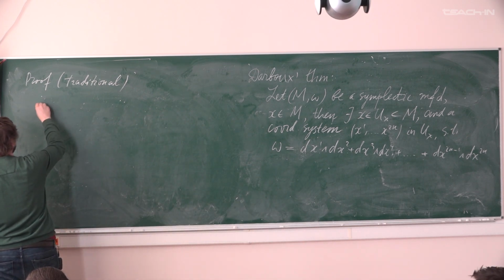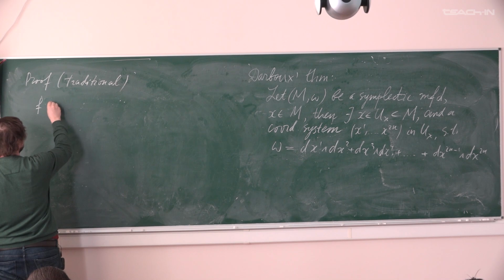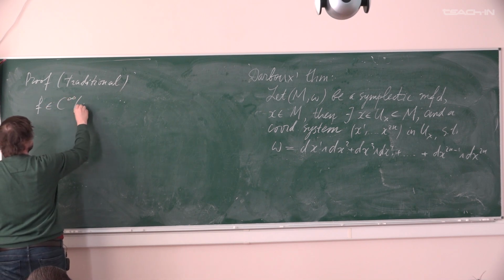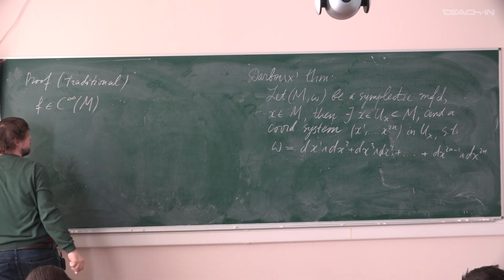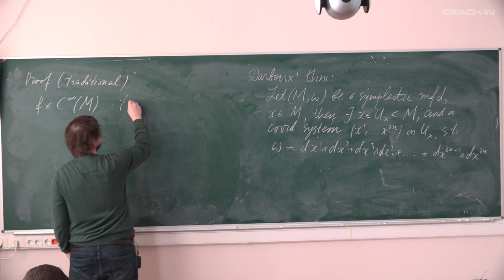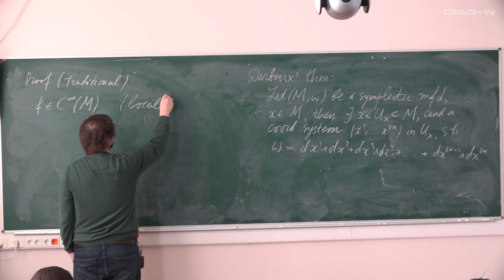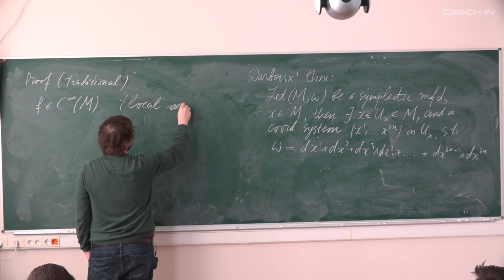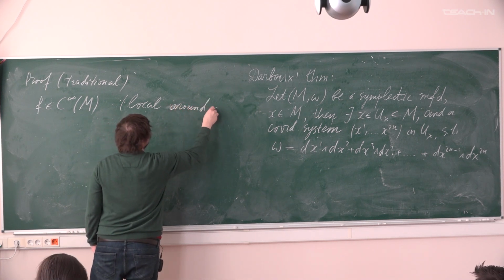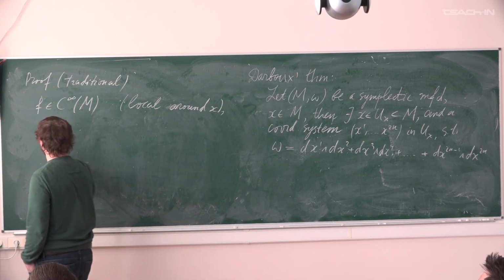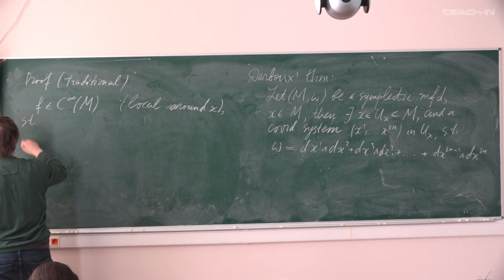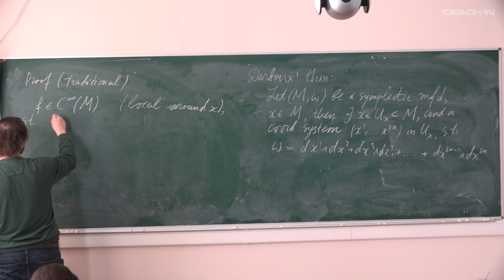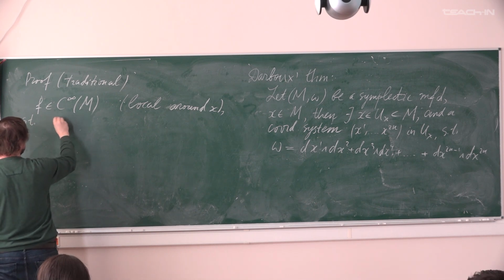So let f be any function on M, actually local, but not necessarily local, around x, such that the Hamilton vector field associated with f does not vanish at x.